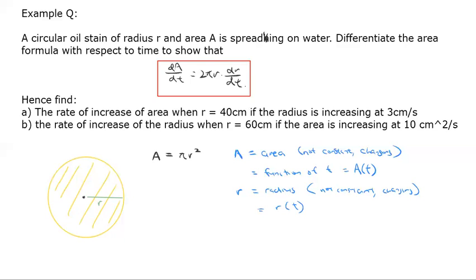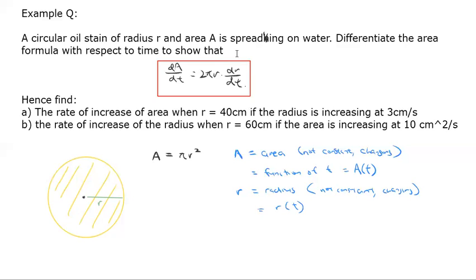What I mean by that is area is changing as a function of t. We don't know this function, but it's some function of t. And r, we don't know this function either, but it's some function of t. Does that make sense? And the reason is because it changes. And so now the question is, what's dA/dt?